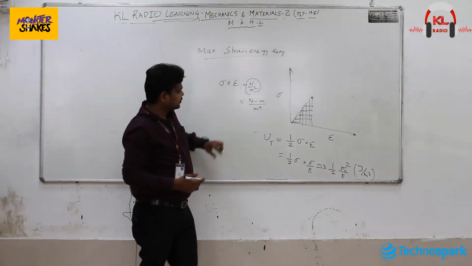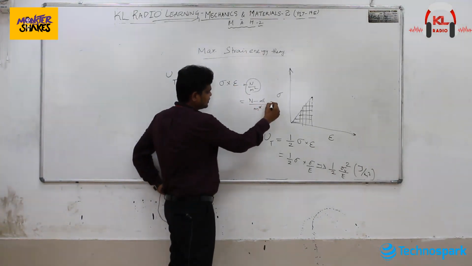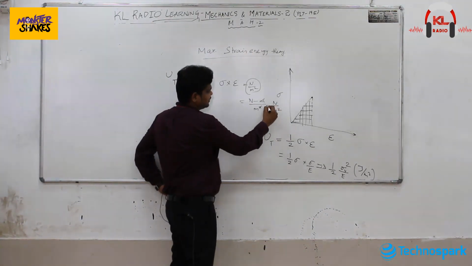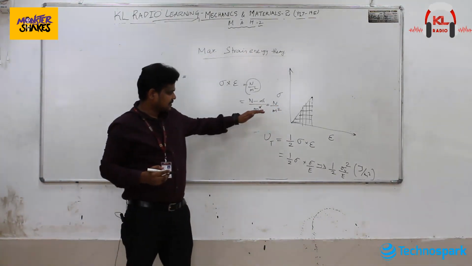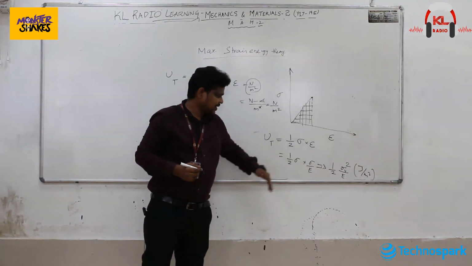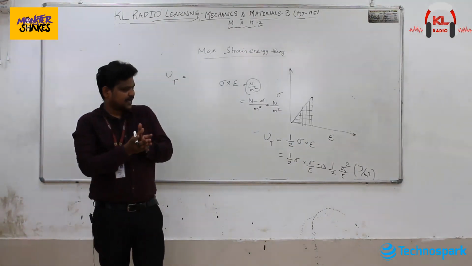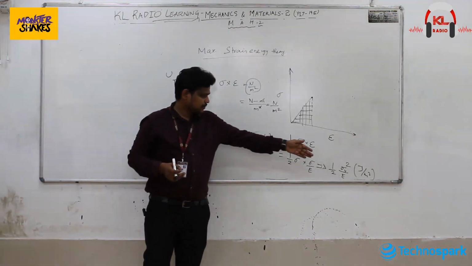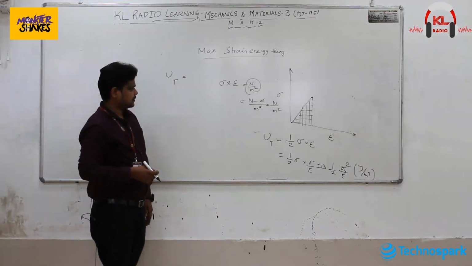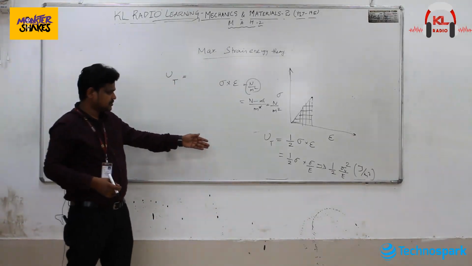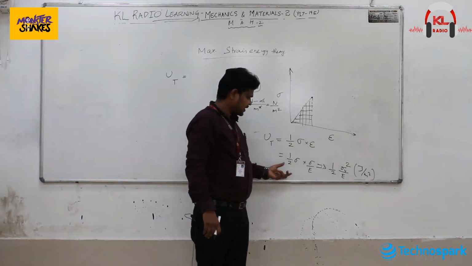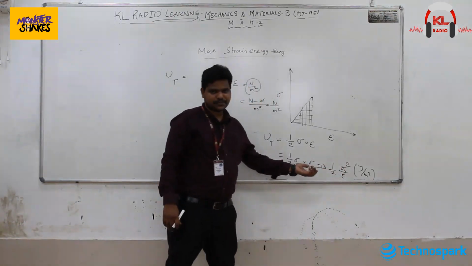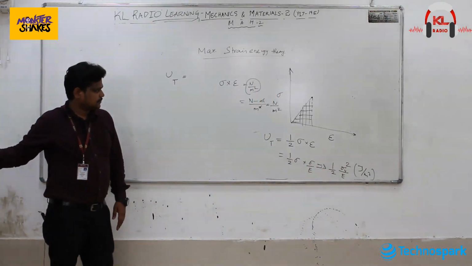So Newton meter per meter cube can be reduced as Newton per meter square. That's why we say that the product of stress into strain is the strain energy per meter cube, right? So for uniaxial loading condition, it is very clear, the total strain energy is half sigma y square divided by E, right?